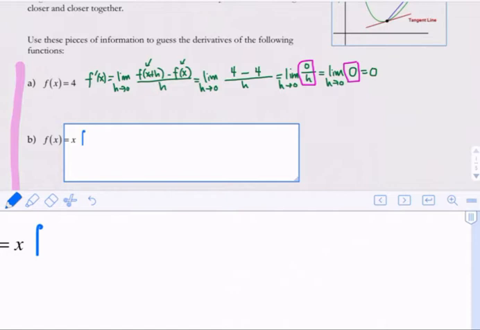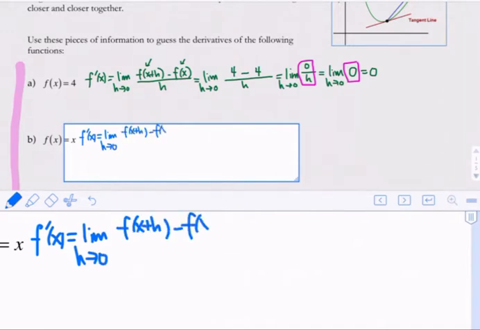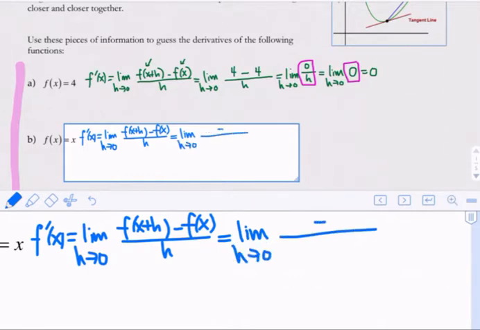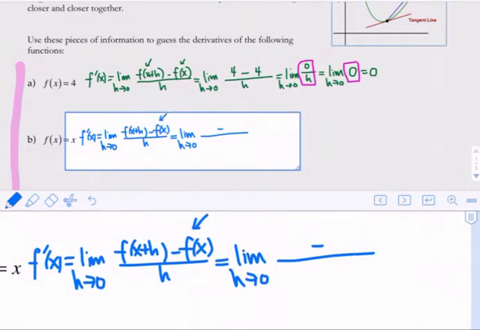Again, we know that f prime of x is the limit as h approaches 0 of f of x plus h minus f of x over h. So let's set up the quotient, then we'll simplify, and then we'll take the limit. Again, I'm going to start with f of x first. F of x is equal to x.